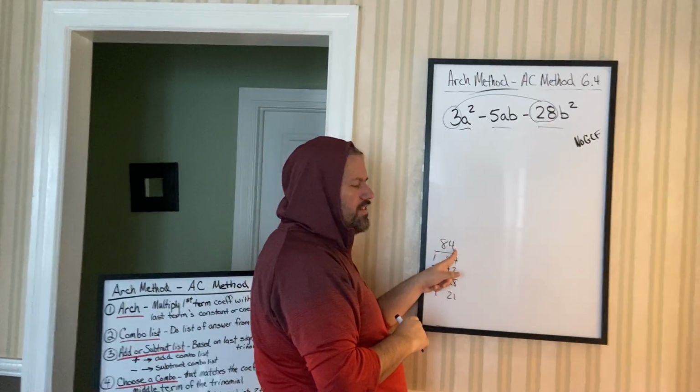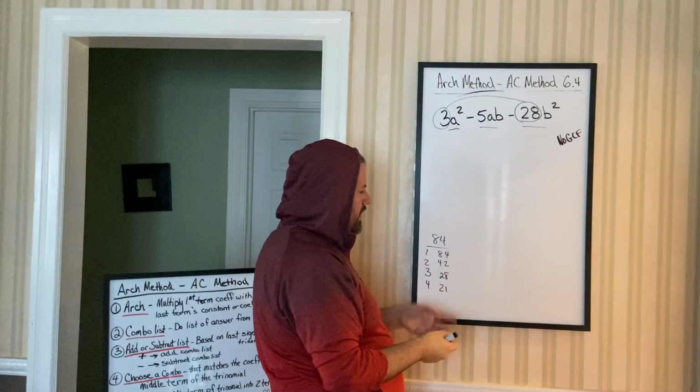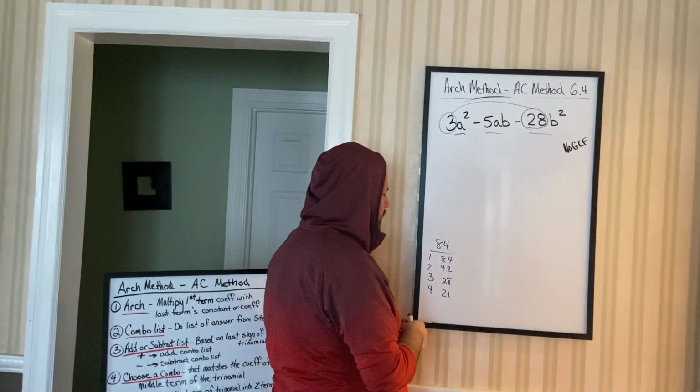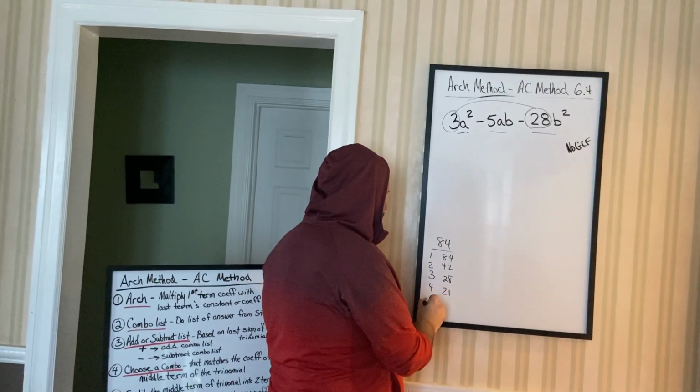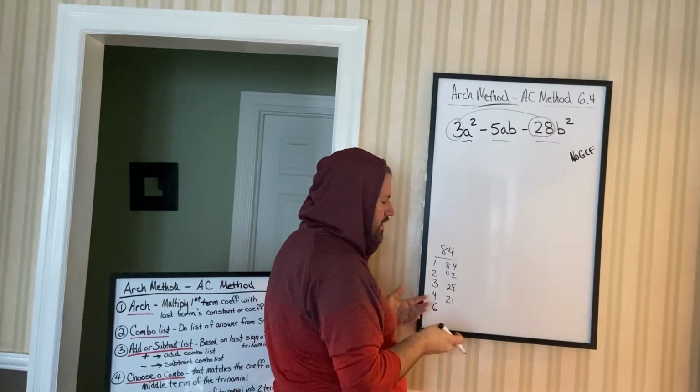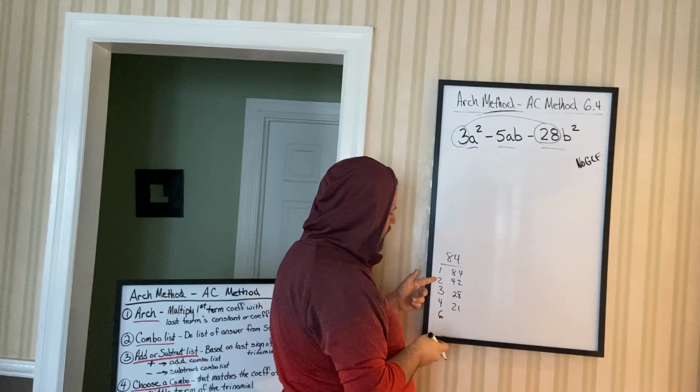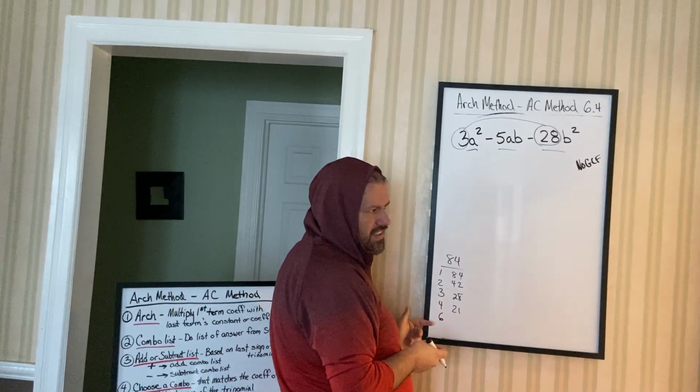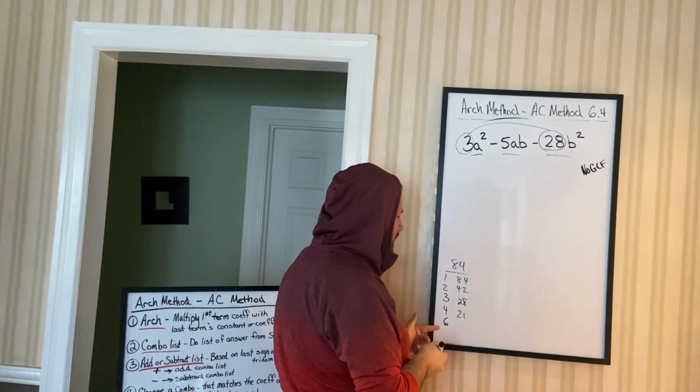Remember, if it ends in a 0 or a 5, then 5 will work. If it ends in any other number, definitely know 5 didn't work. 6 will work. How do I know 6 will work without actually doing the math? If 2 works and 3 works, then 6 will definitely always work.